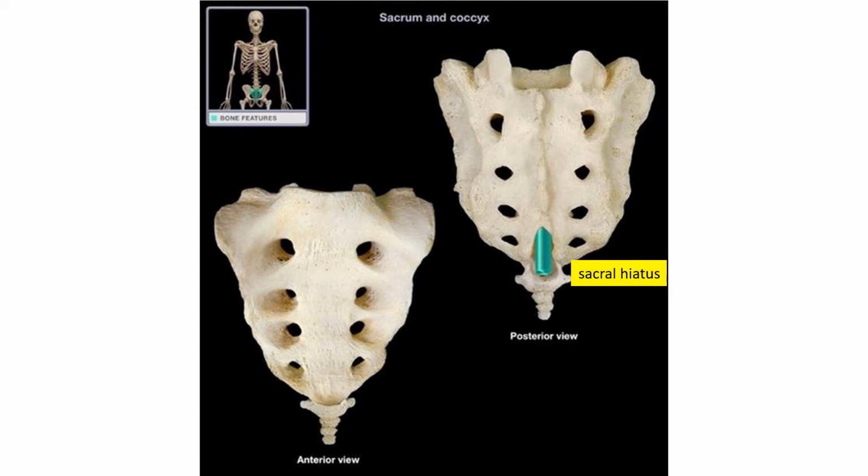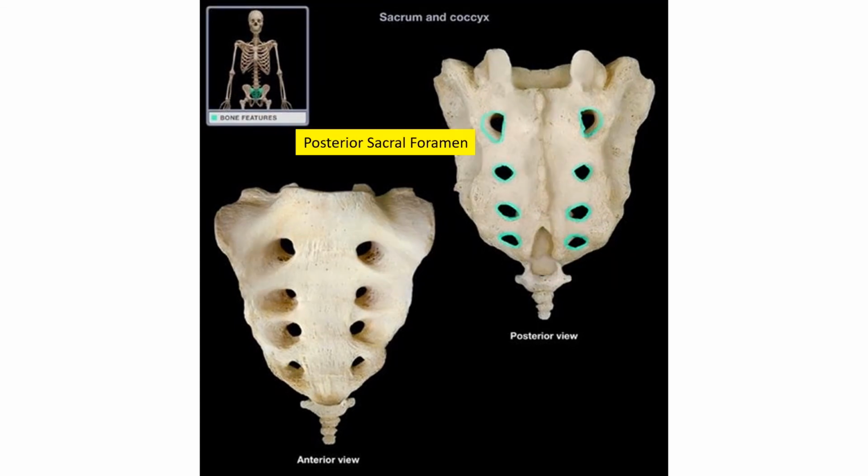Vertebrae in different regions have a vertebral foramen, and the sacrum has a vertebral foramen as well, and the lowest part is opened and it is called the sacral hiatus.